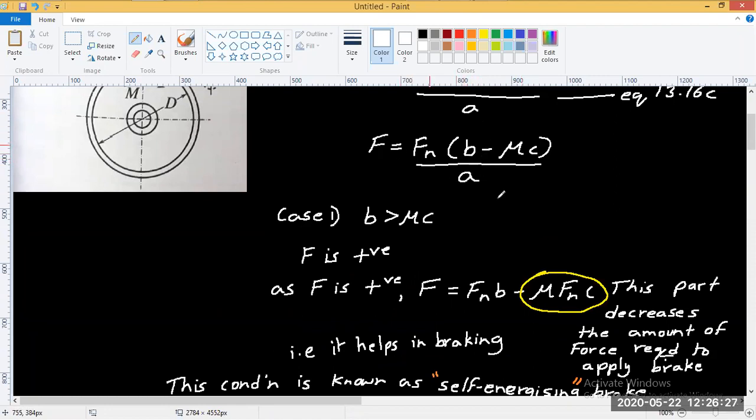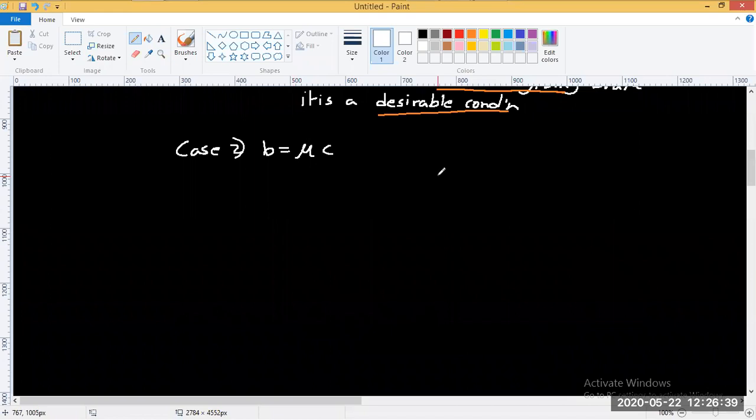So that means force will be 0. This entire right hand side of this equation, which I name as equation 1, will become 0. If that becomes 0, it means no external force is required to engage the brake, which means the vehicle will not move at all if it's stationary, or when this happens while you're driving, then you're gone. It's self-locking.